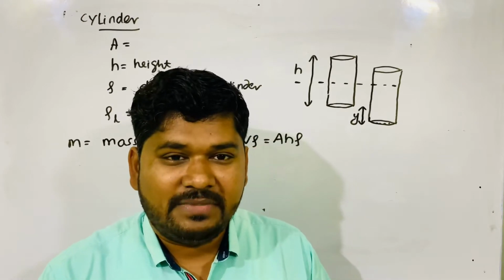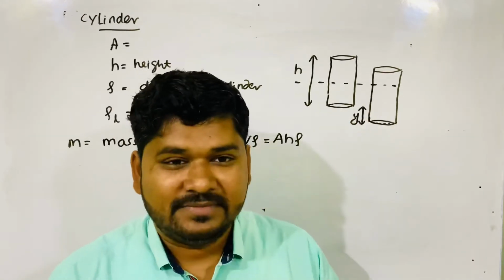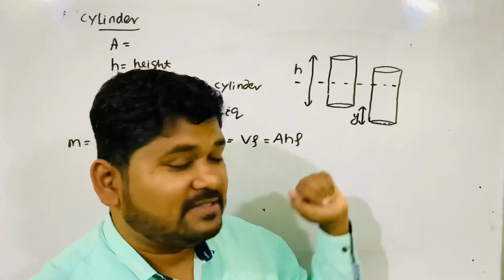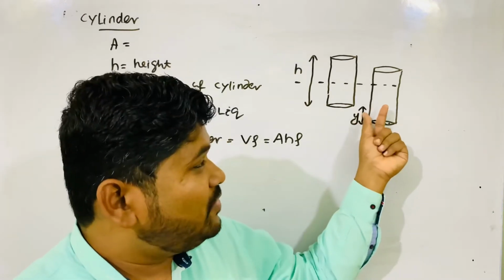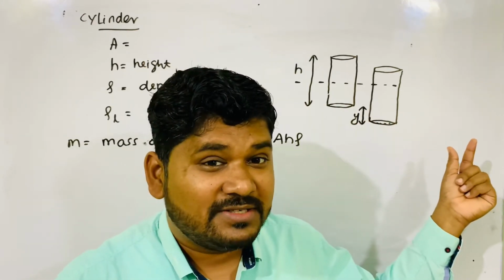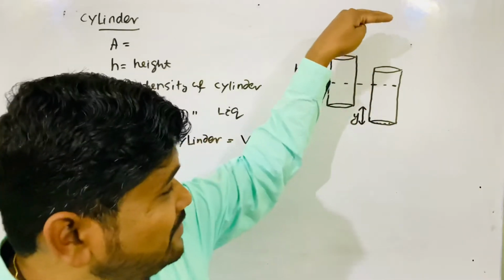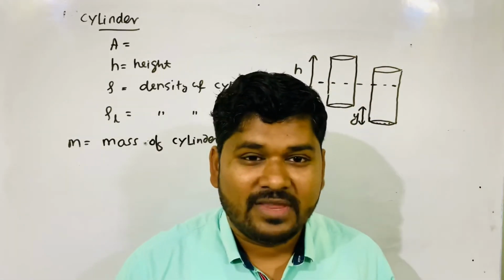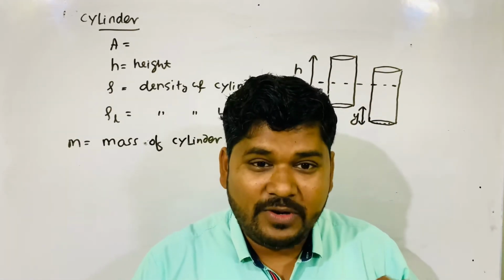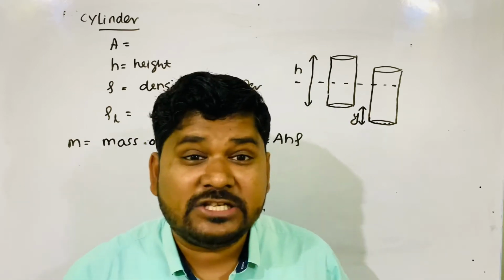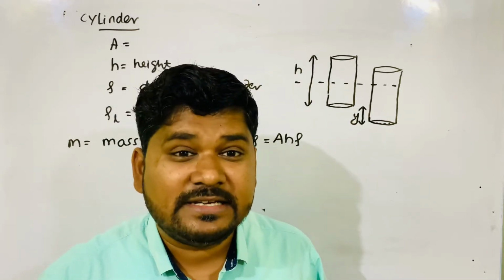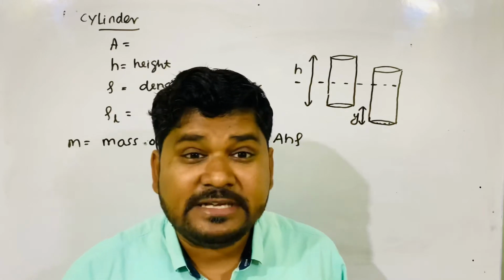Okay, but now what happens in this condition? Here now weight is not equal to thrust. Why? Because when you push it down and you leave it, it will go up. Why? Because the thrust increases. Why does thrust increase? Because the volume of liquid displaced increases.